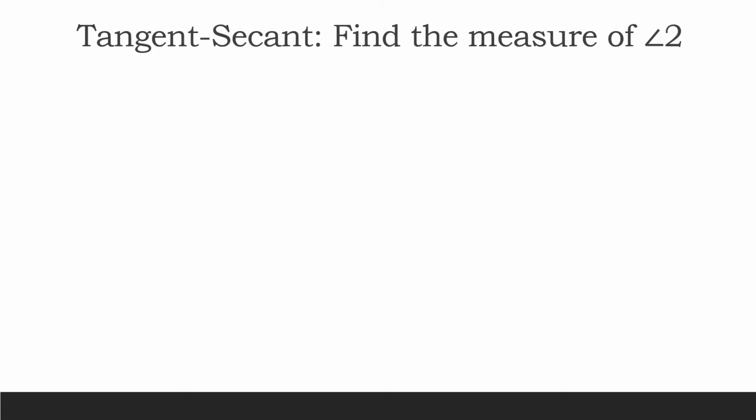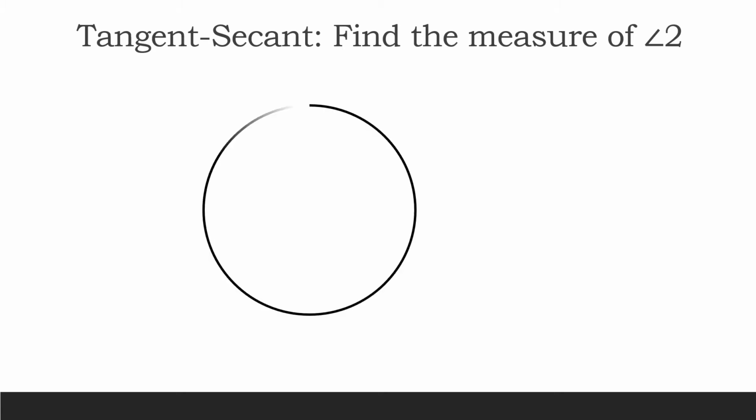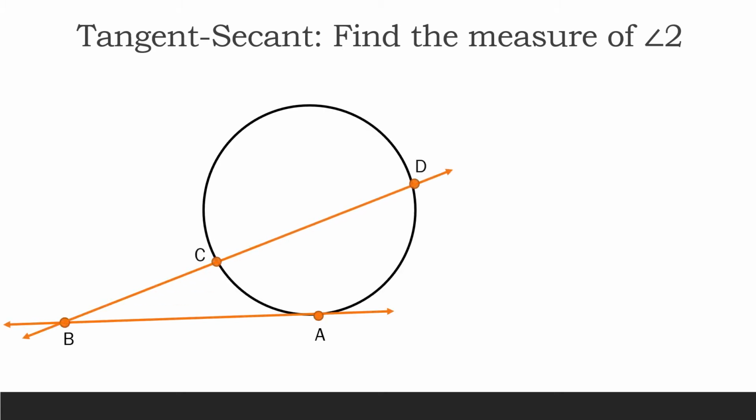Let's look at a second example. This one says find the measure of angle 2. So we have tangent line AB, and we have secant line CD, and they intersect at that external point of B, and that's where we find angle 2 just hanging out there. So how do we find the measure of this? Well, we're going to do the major arc minus the minor arc.